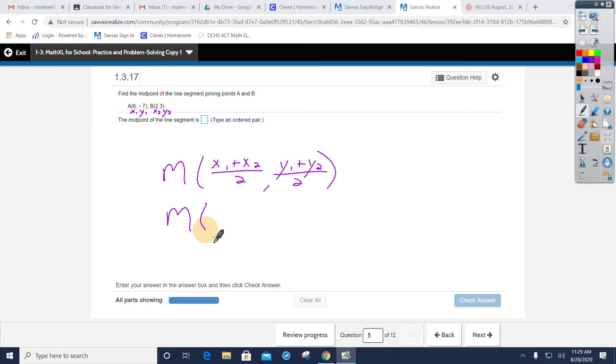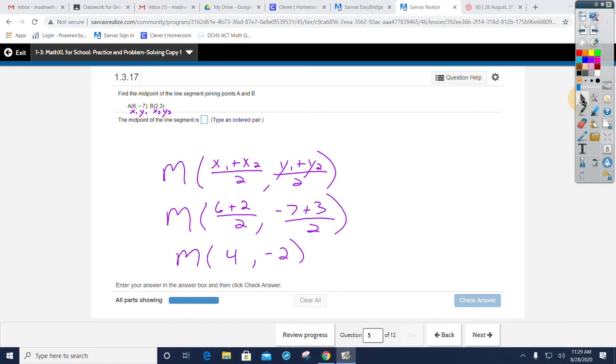You just plug in and you'll get your answer. So that would be 6 plus 2 divided by 2. And then look back up here, it'd be negative 7 plus 3 divided by 2. All right, so my answer is 6 plus 2 is 8, divided by 2 is 4. Negative 7 plus 3 is negative 4, divided by 2 is negative 2. And there's your answer.